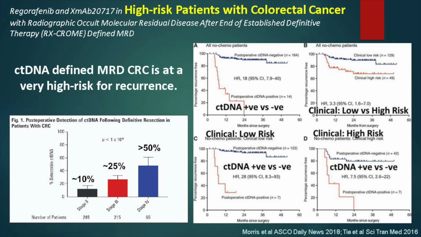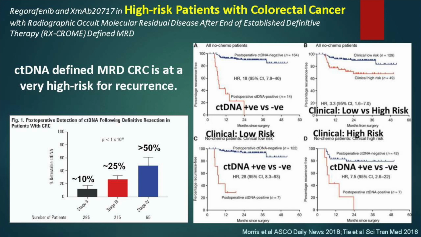In the title, we also say that these are high-risk patients with colorectal cancer. So why are patients with MRD high risk? When we look at molecular residual disease across all stages of colon cancer, we recognize that in patients with stage 2, stage 3, and stage 4 disease, the number of patients who have this tumor DNA in their bloodstream keeps on increasing.